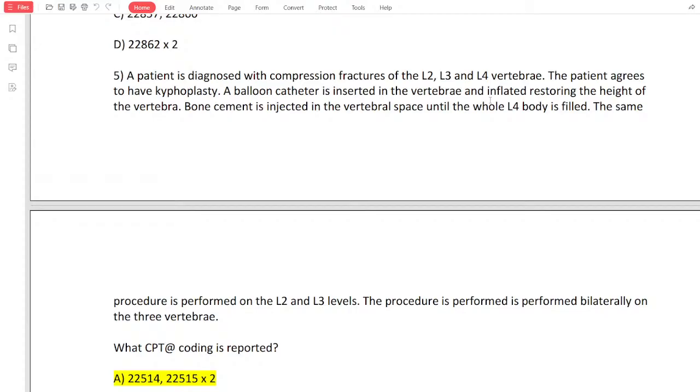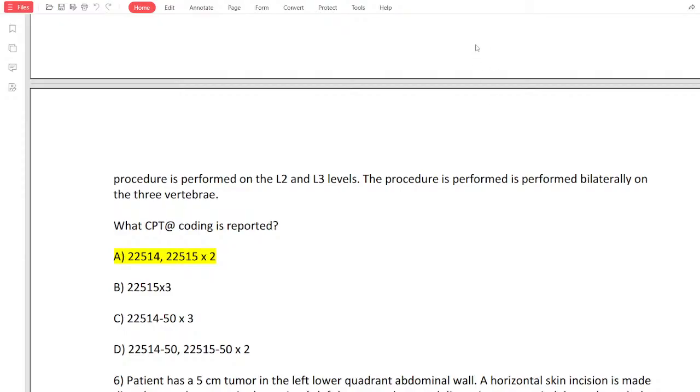Bone cement is injected in the vertebral space until the whole L4 body is filled. The same procedure is performed on L2 and L3. The procedure is performed bilaterally on the three vertebrae. So, what CPT codes are reported? Here are the options, guys. 22514, 22512. 22515 into 2 is the correct answer.